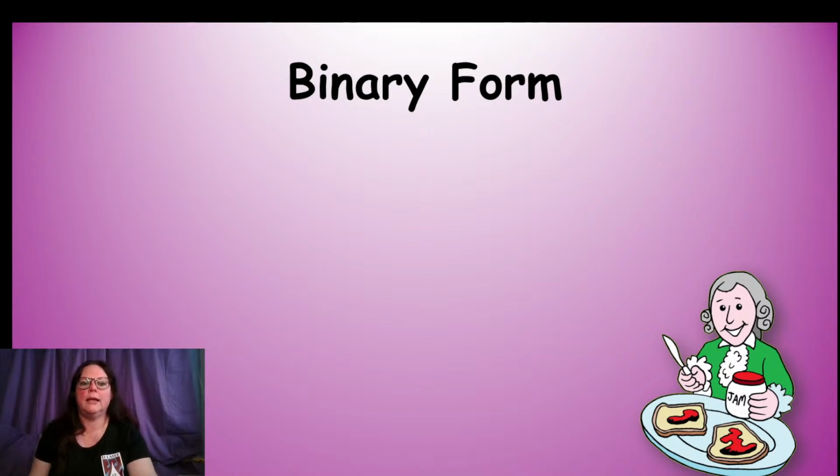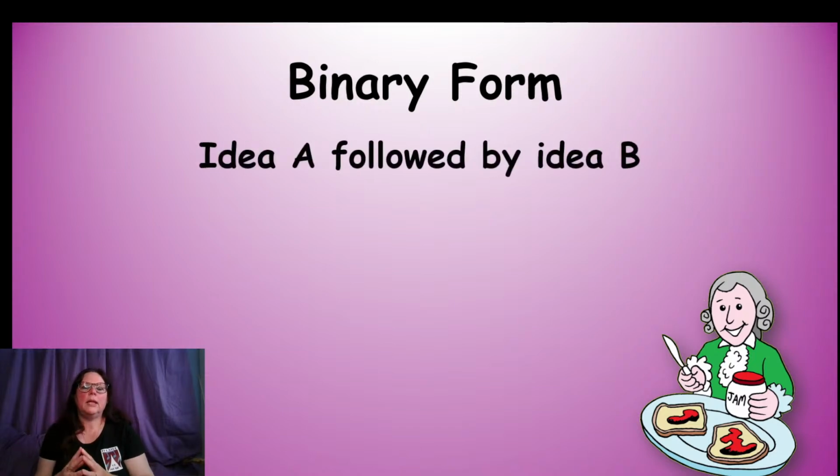Okay, so let's have a look at the first of these musical structures that we're going to look at today. We're going to use pieces of music that we've looked at previously to help us. So we're going to look at binary form, and binary form is an idea, and we're going to call that idea A, followed by a different idea, and we're going to call that idea B. And you can see we've got our little mini Mozart there at the bottom of the page, and he's helping us to understand it.